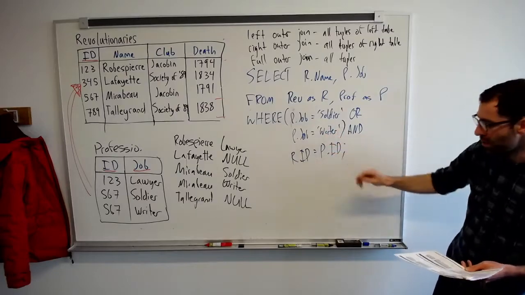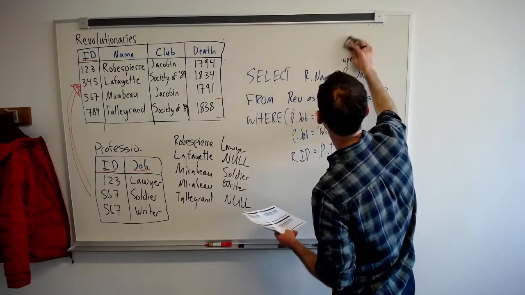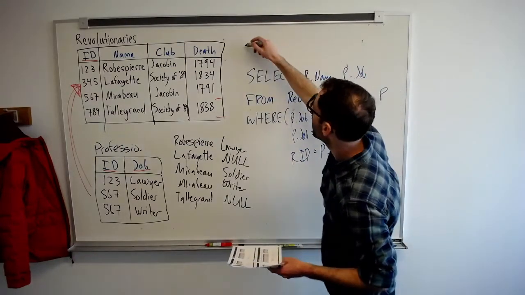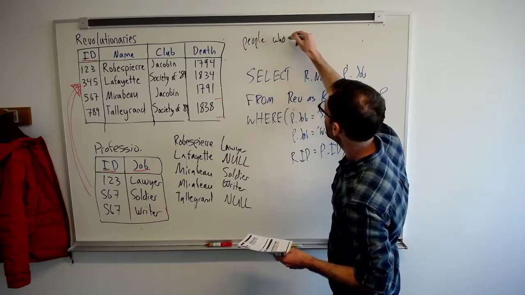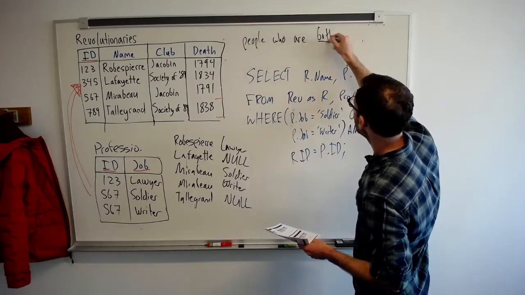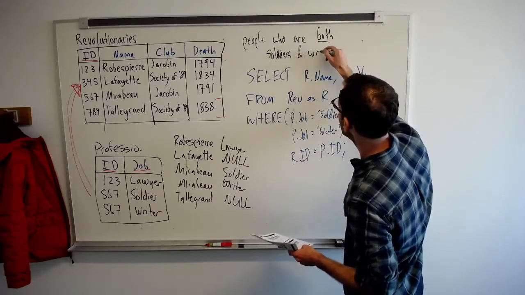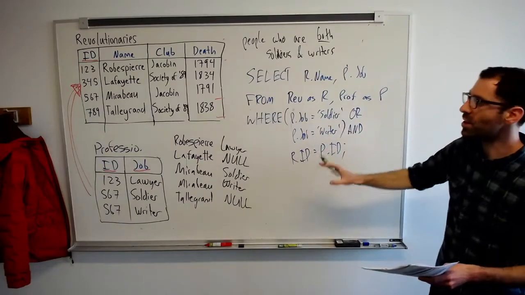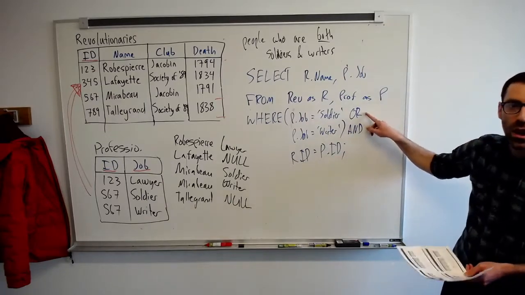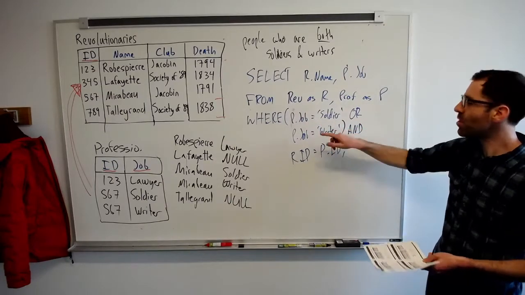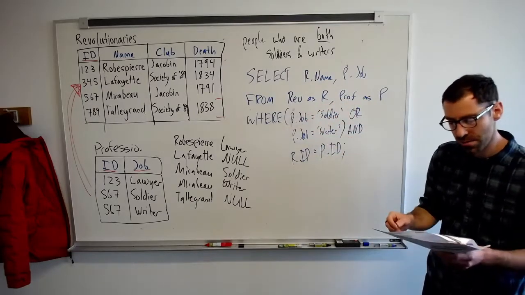That also doesn't do what we want, because what we're looking for is revolutionaries, people who are both soldiers and writers. We're trying to write a query that's going to get us the names of people that have both of these jobs. And if we say or, it's going to give us everyone who's a soldier, as well as everyone who's a writer. And it's not going to limit it to the people that have both of these jobs.